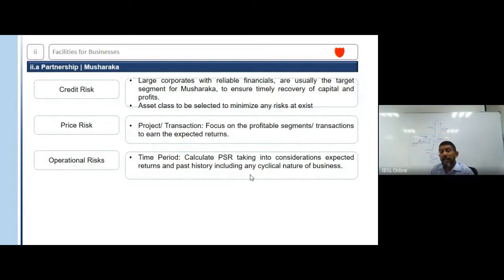But cyclicality is an issue that especially needs to be considered by credit in a transaction like that. So not only do you have to look at reliable financials, you also have to look at the trends of profits over a period of time to see whether there is any cyclical nature of business.